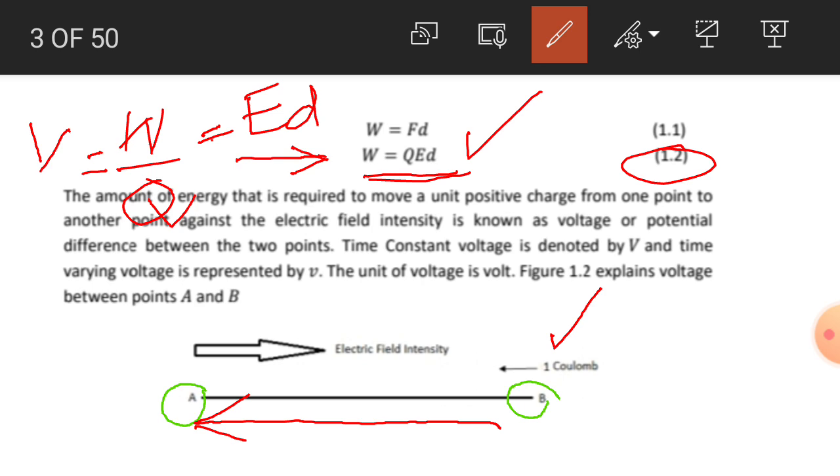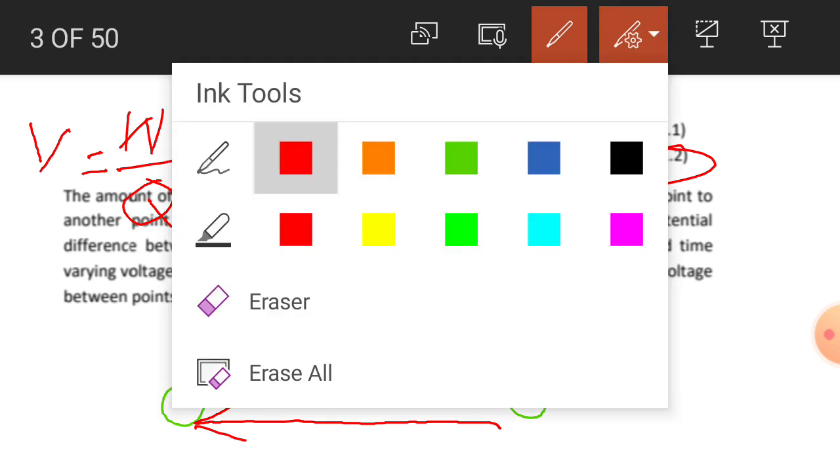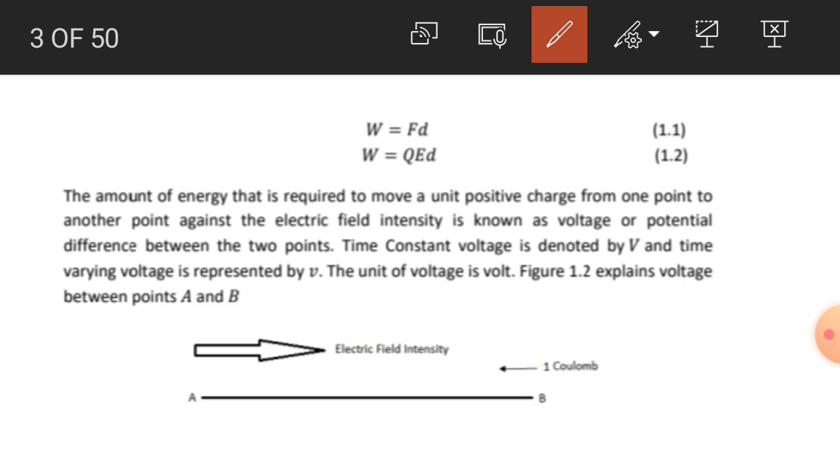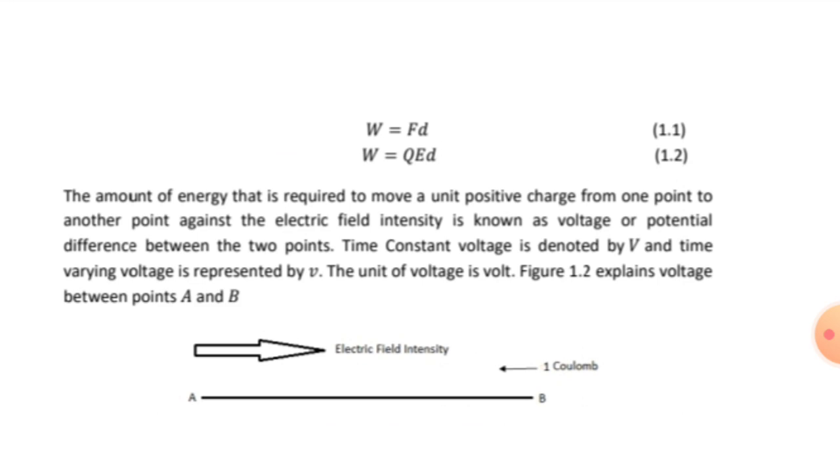And you can find out the voltage if the total electrical energy is known. The total electrical energy divided by the total magnitude of the charge will give you the voltage between these 2 points. Or if you know the electric field intensity in this region and the separation between these 2 points, you can find out the voltage with the help of the electric field intensity as well as the separation between these 2 points.